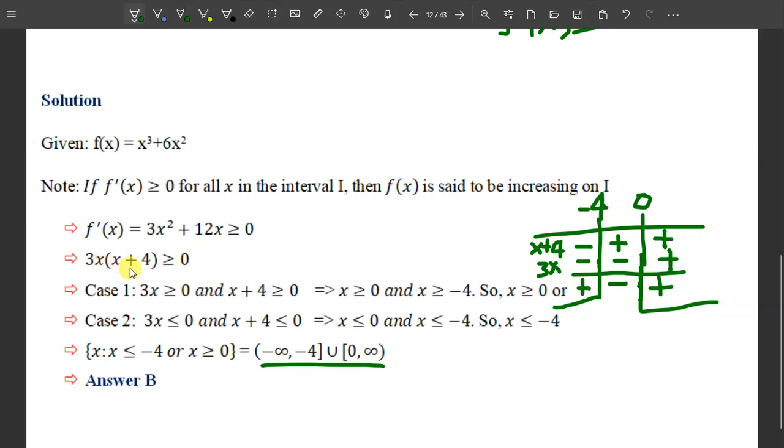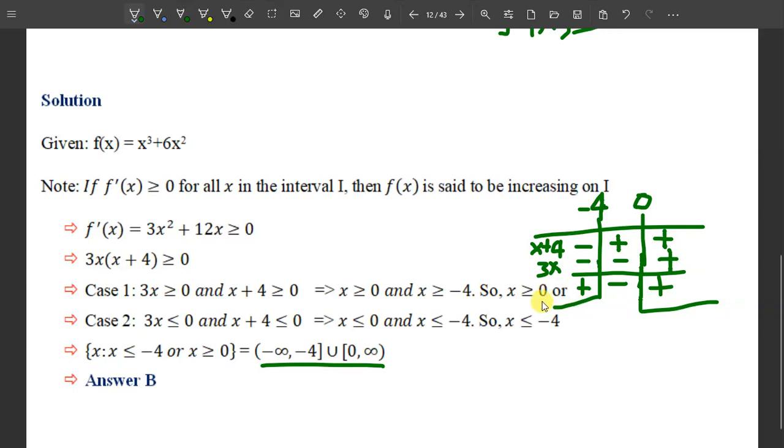That is the only way. If they have opposite signs, then the inequality will change direction. And therefore, we have x greater than or equal to 0 and x greater than or equal to minus 4. This is a conjunction. The intersection of these two sets is x such that x is greater than or equal to 0.